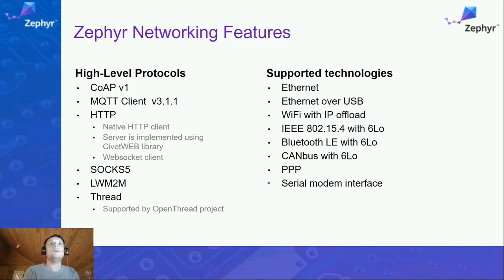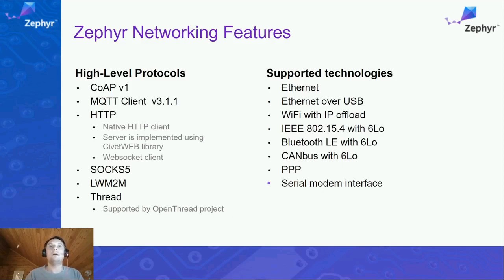And then when it comes to physical layers, we have Ethernet, then Ethernet over USB, which is supported natively on Linux and on Windows. Then Wi-Fi, but that's with IP offloading. We don't really have a Wi-Fi stack yet.